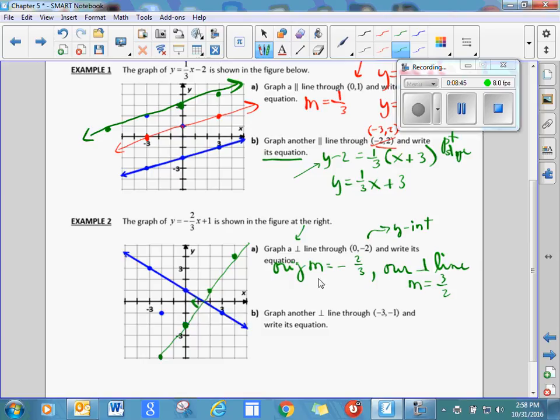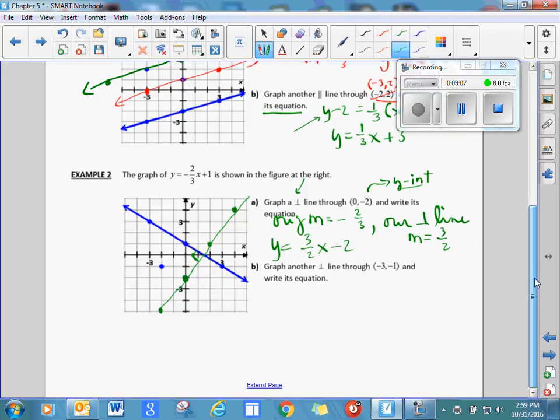So now we have to write the equation of a line. So our slope, we're going to use slope intercept because we have the y-intercept right here. So our new line in green is going to be y equals 3/2 x minus 2.